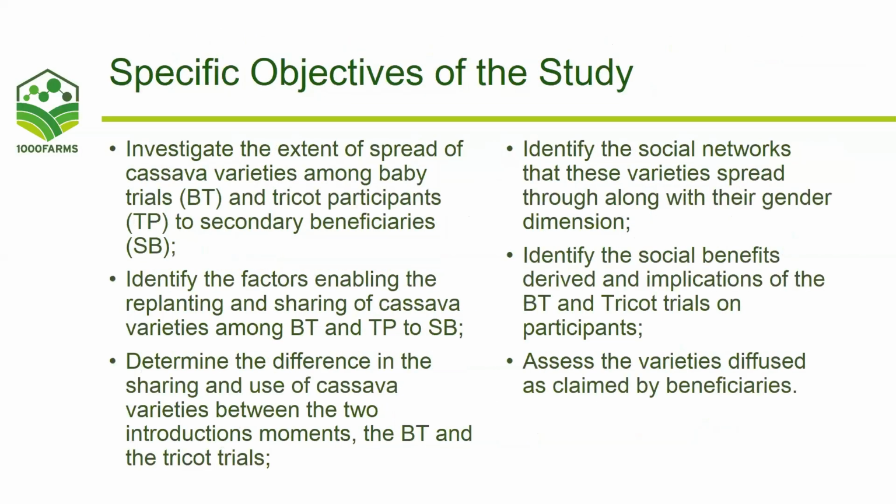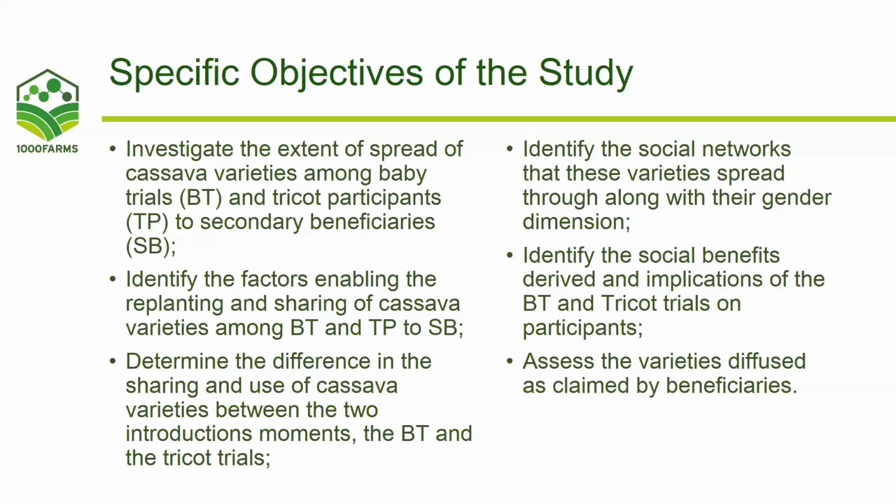The specific objective of this study is to investigate the extent of the spread of these cassava varieties from the trial participants to other farmers, known as the secondary beneficiaries, and to identify the factors enabling the replanting and sharing of these cassava varieties from trial participants to secondary beneficiaries.